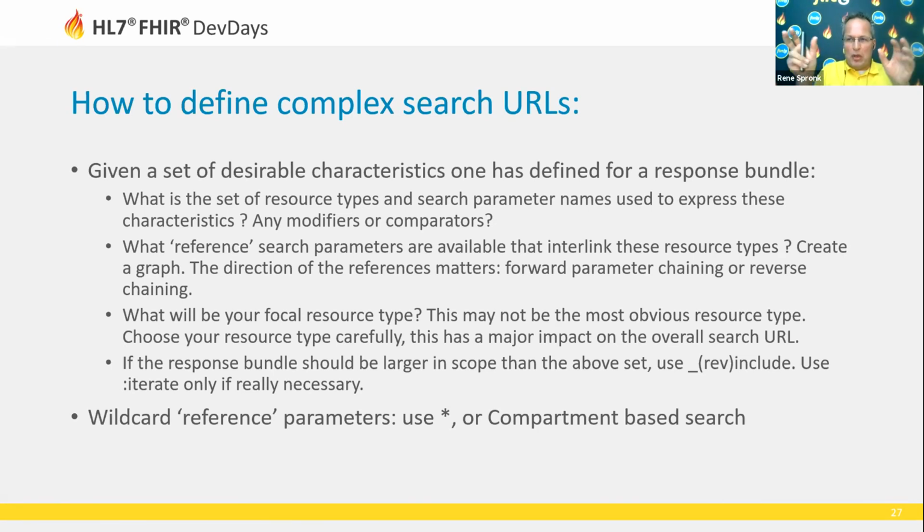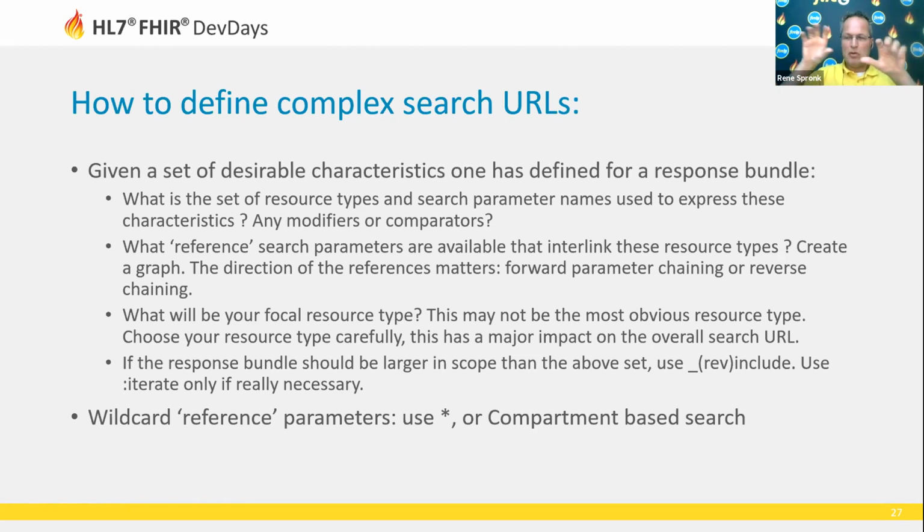That influences what focal resource type you choose. Sometimes when the question is, give me all patients that have such and such, it may actually be easier to create a search URL based on one of the other clinical resources and not patient as the focal resource. Again, sometimes that's not entirely intuitive.